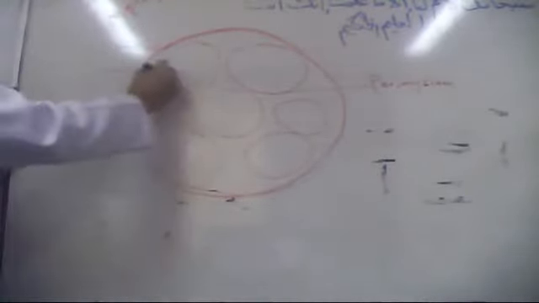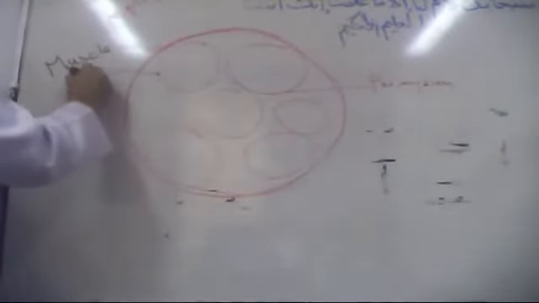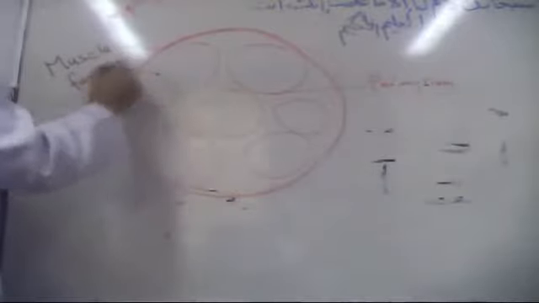If we go to the right, that is the muscle fascicle, and each muscle fascicle is covered by the perimysium, and the whole muscle fascicles are covered from outside by the epimysium.